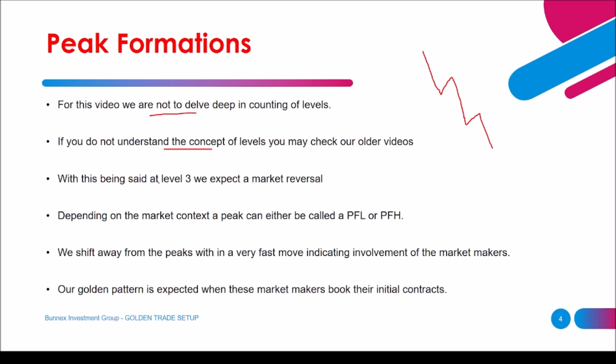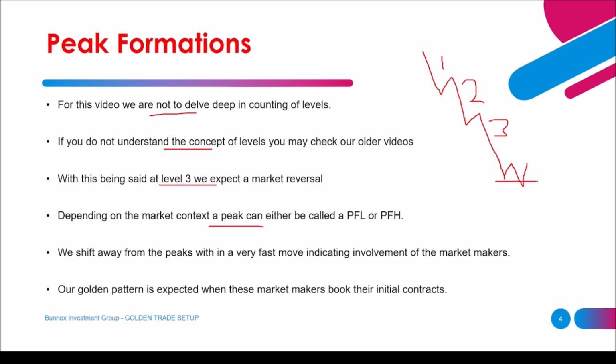So with this being said, at level 3 we expect to see a market reversal, right? If ever we have level 1, level 2 and level 3, we reach a point of reversal, and this is the point that we call a peak. Depending on the market context, a peak can either be called a PFL or peak formation low.